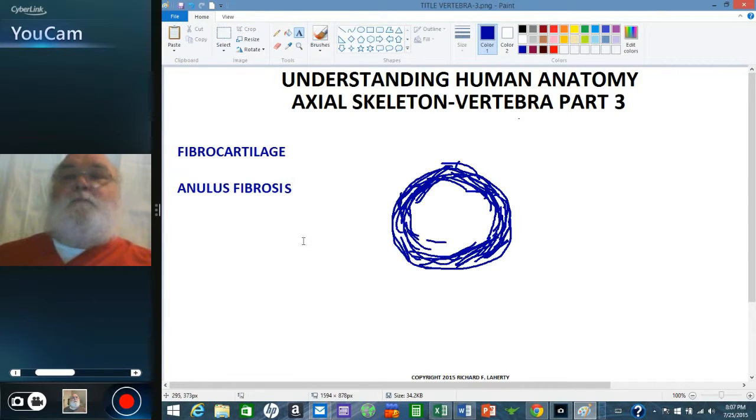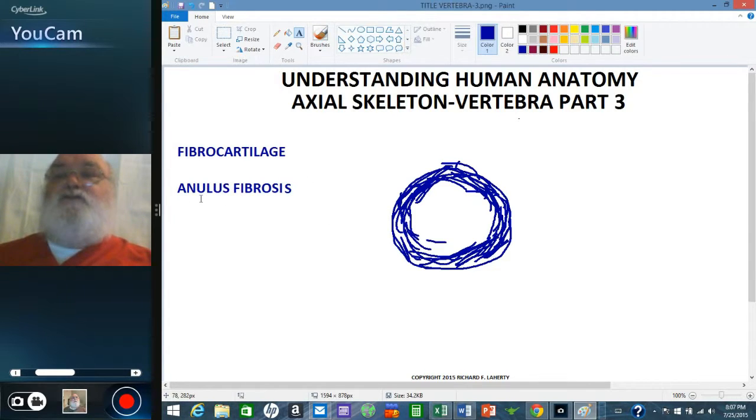And the Annulus Fibrosus forms the outer structure, the true support of the intervertebral disc. It attaches to the body of the vertebra above and the body of the vertebra below and holds them together.